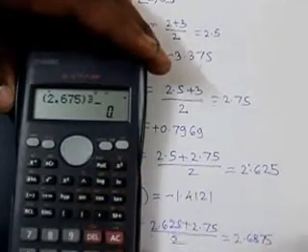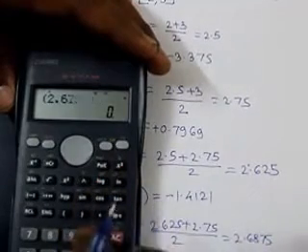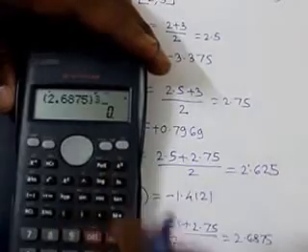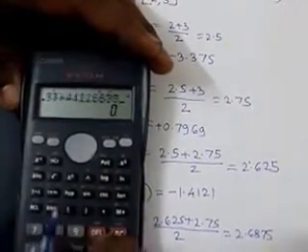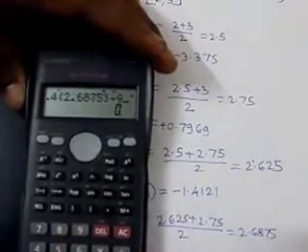Now let me calculate 2.6875 cubed minus 4 into bracket 2.6875 squared minus 9.